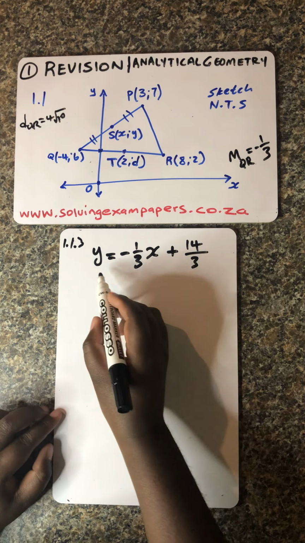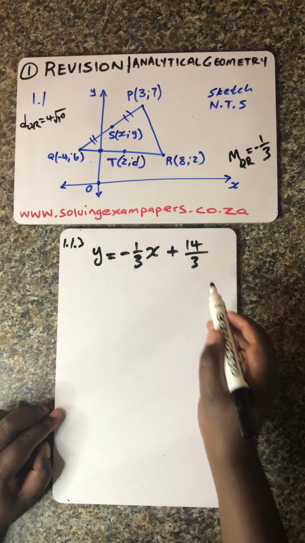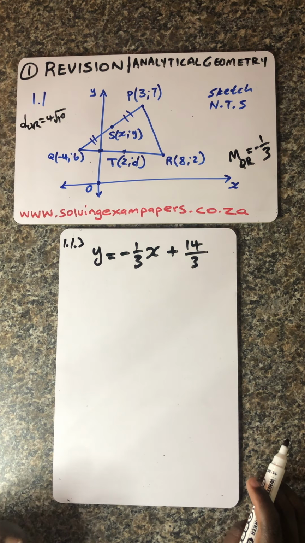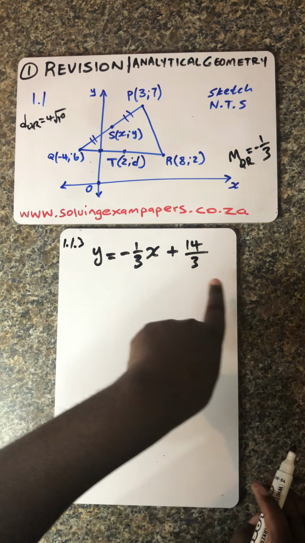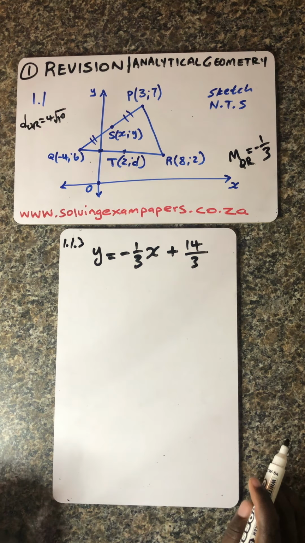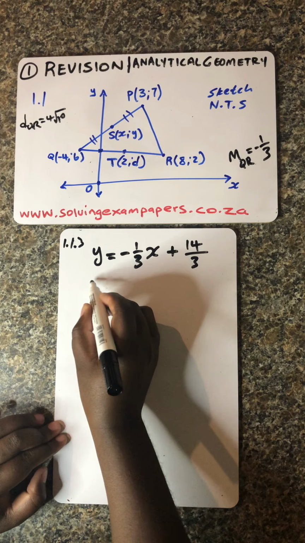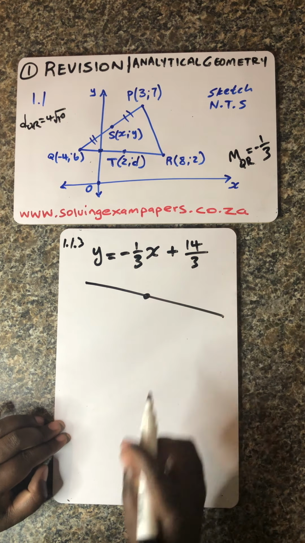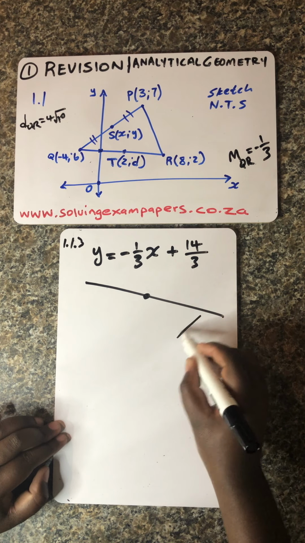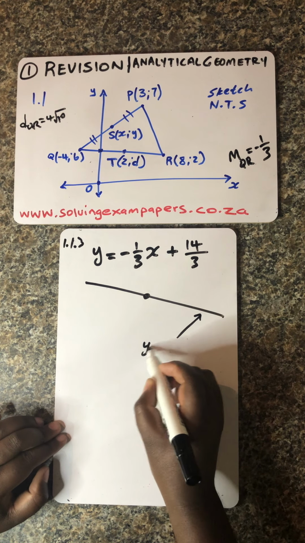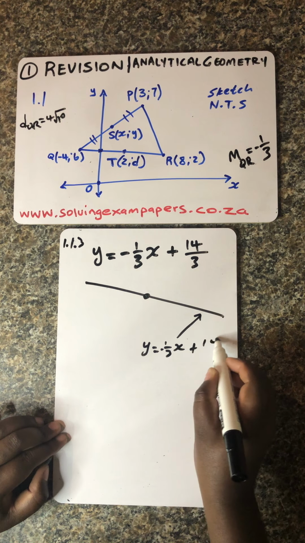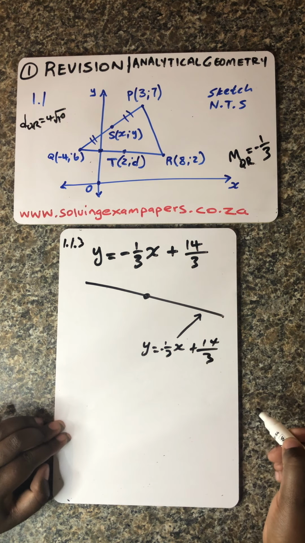So ladies and gentlemen, this is the formula along which that T or D lies. That's why I had to firstly write that formula. You've got a straight line, and the point you are looking for lies on that straight line that has the formula y equals -1 over 3x plus 14 over 3.